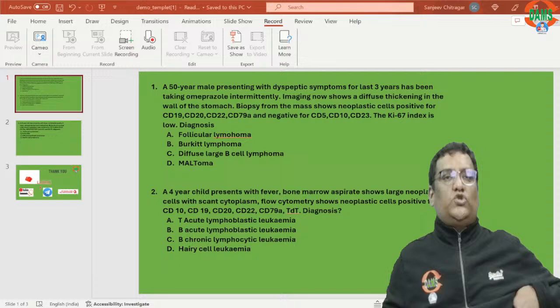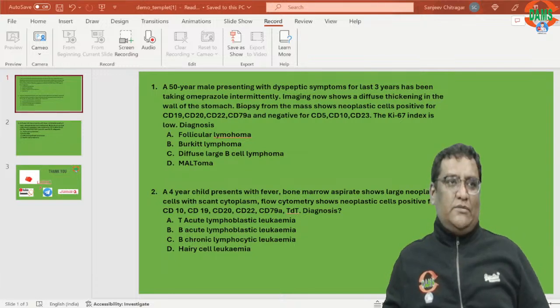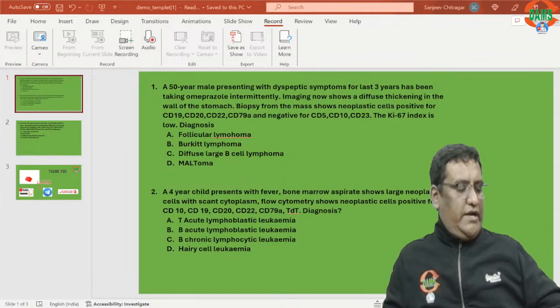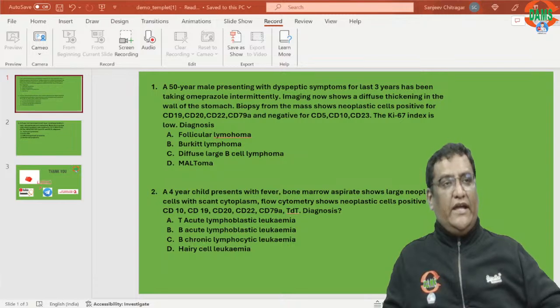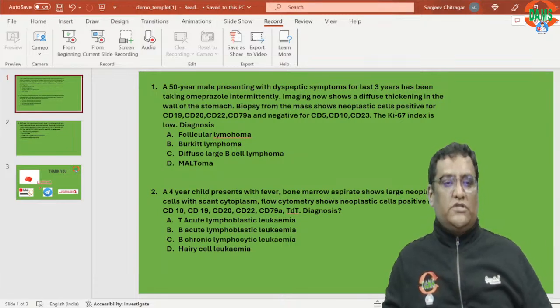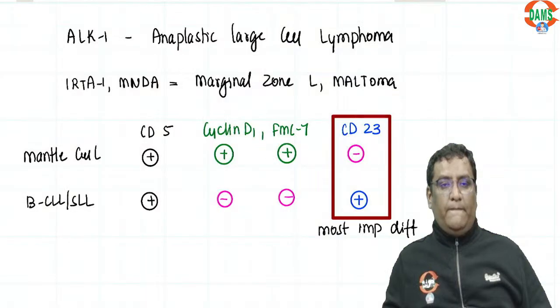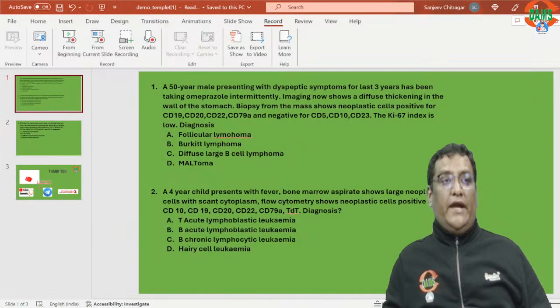Biopsy from the mass shows neoplastic cells positive for CD19, 20, 22, 79A. If all these are positive, what is it?